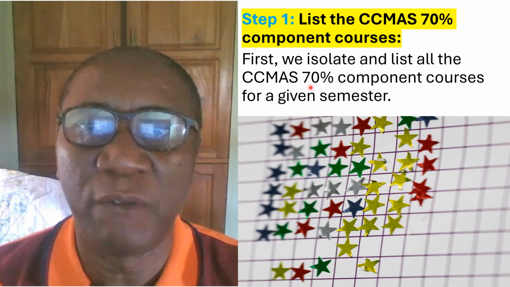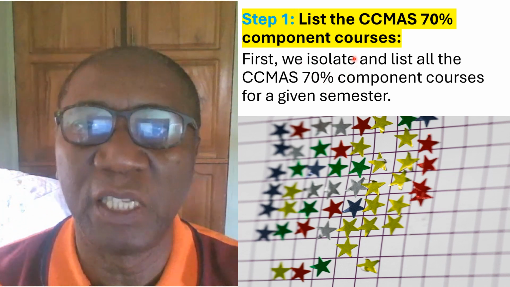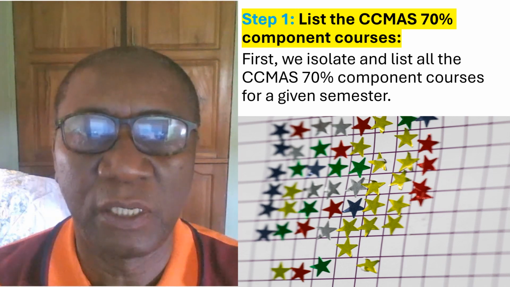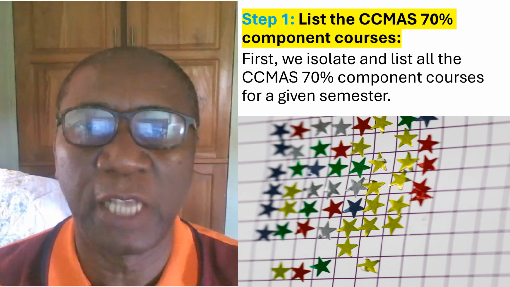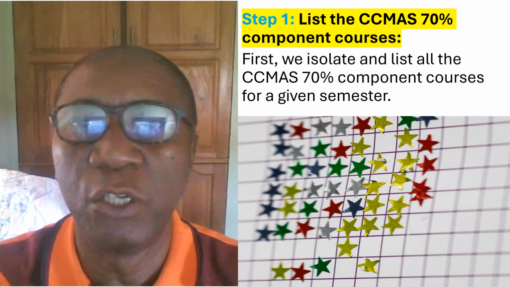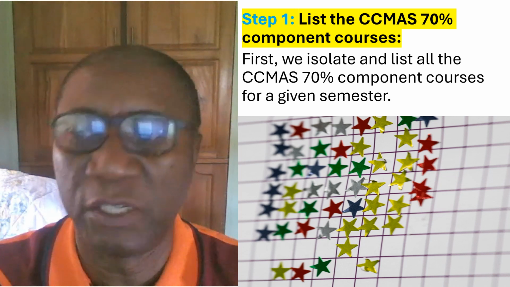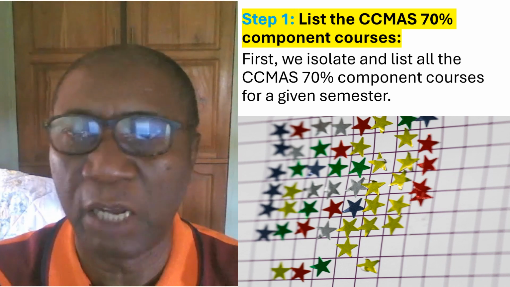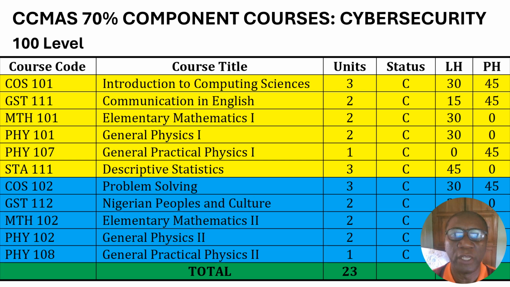So the first thing you have to do is to arrange the 70% CCMAS in such a way that the first semester courses will come up first, then below the first semester courses, you now have the second semester courses. So that's the first thing you do, by first of all isolating the first semester and the second semester courses in the 70% CCMAS component.